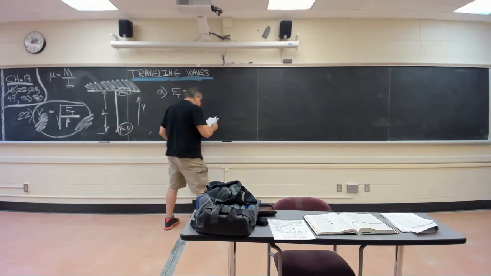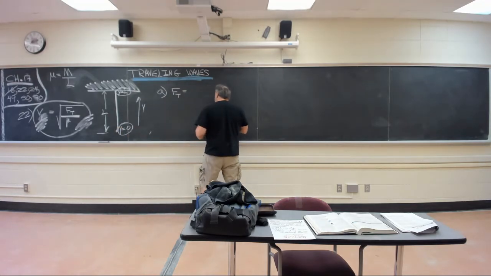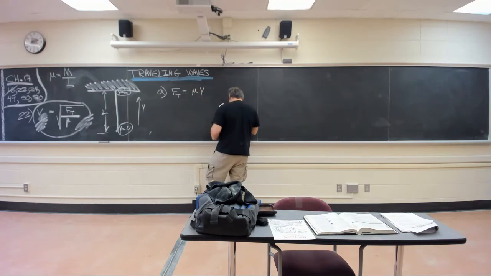So the tension in the rope at any particular point is the linear mass density times y, which gives you the mass of y amount of rope, times g.